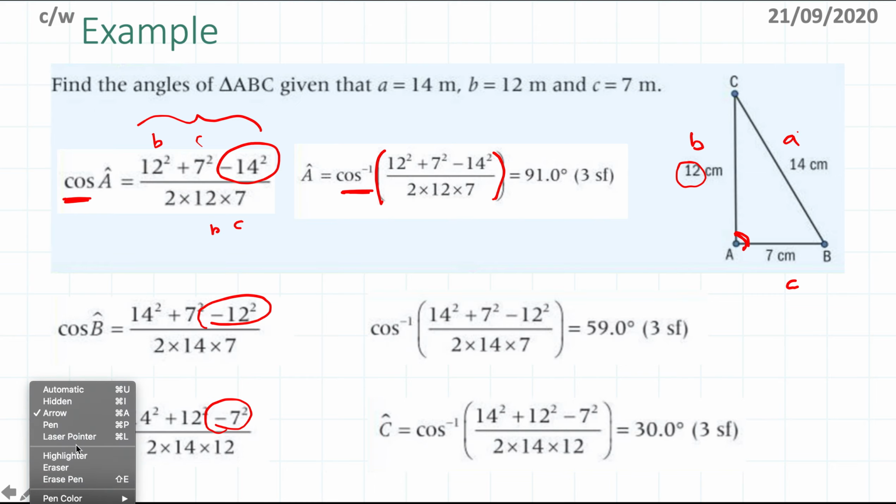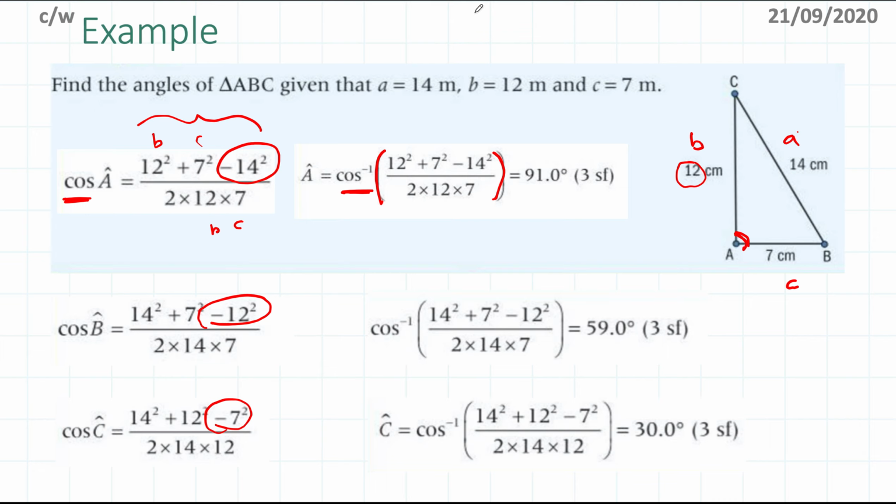Again, the formula said B squared plus C squared minus A squared. It doesn't matter what these letters are, because if you notice in these questions, it's basically A squared plus B squared minus C squared.